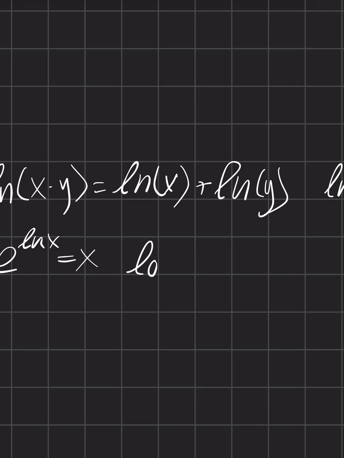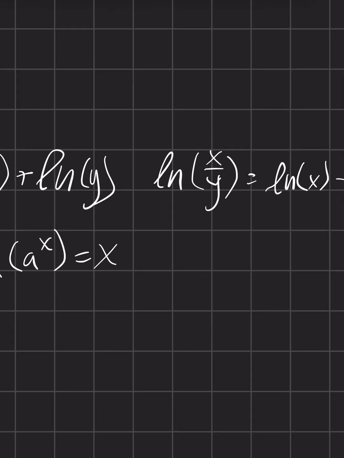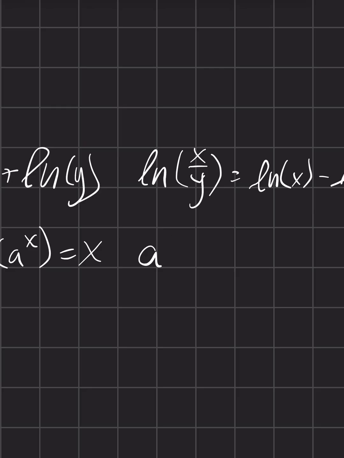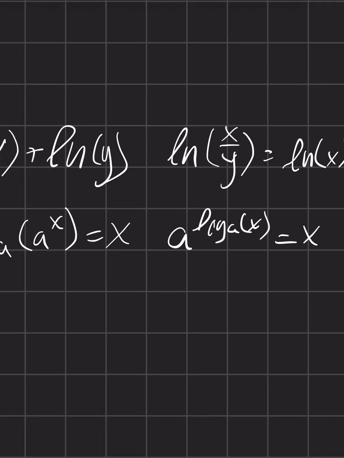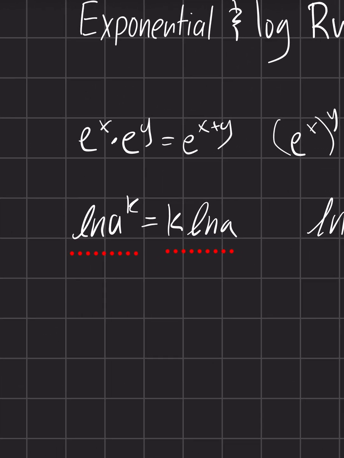If you have log base a of a to the x, this is equal to x. And if you have a to the log base a of x, this is equal to x. Lastly, only two more things we need to go over for our rules.